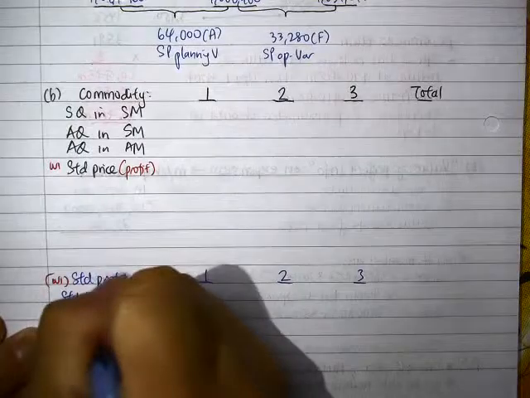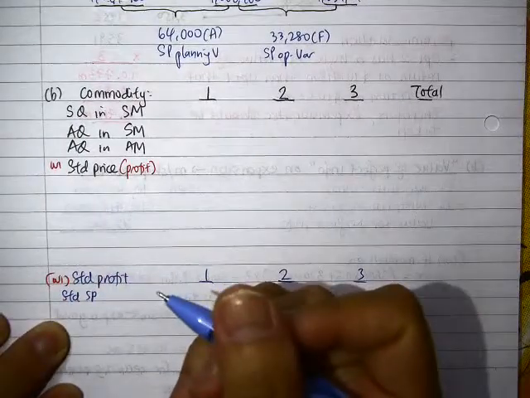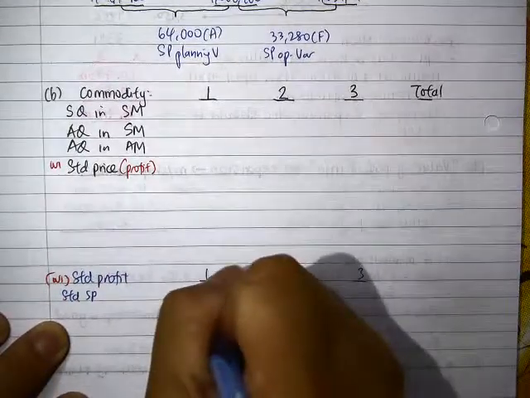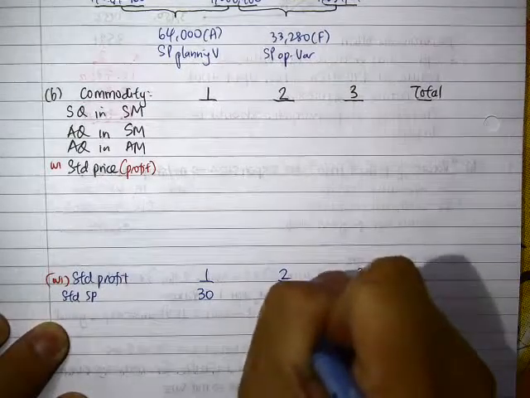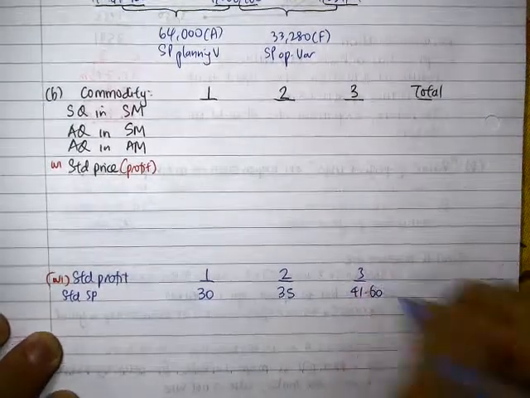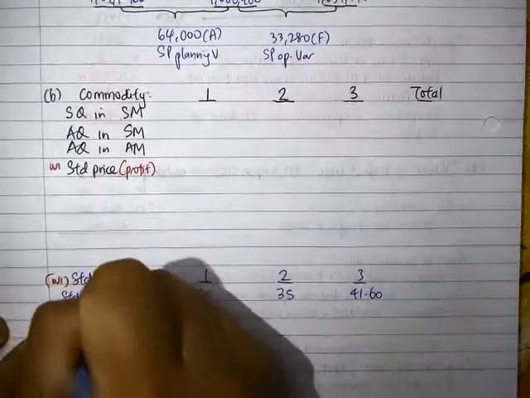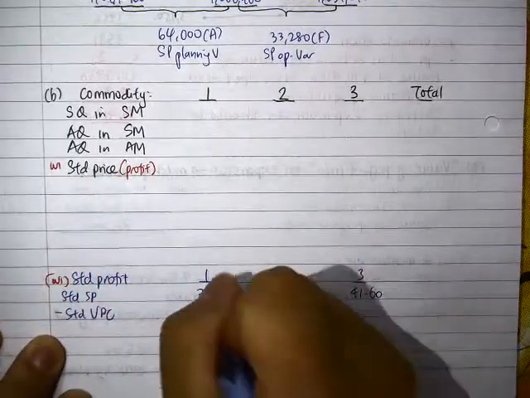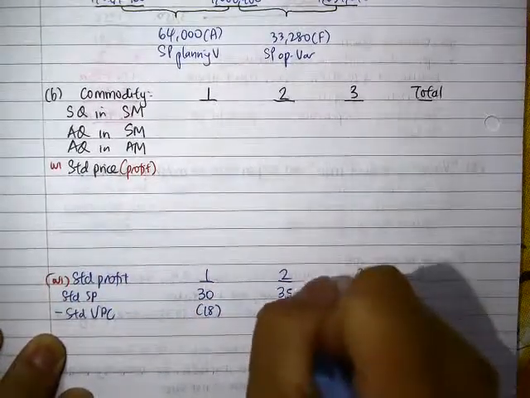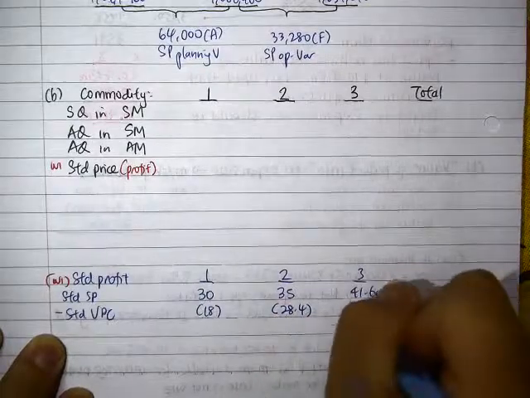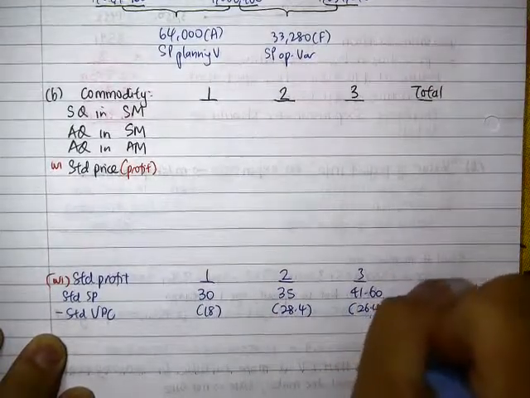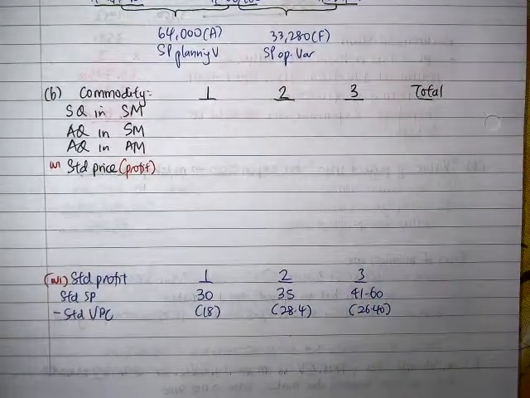The standard selling price is 30, 35, 41.6. Standard variable production cost is 18, 28.4, 26.4. Then what else do you minus?